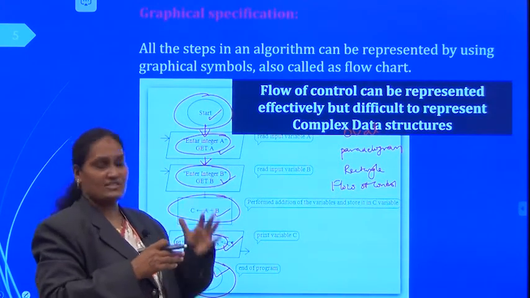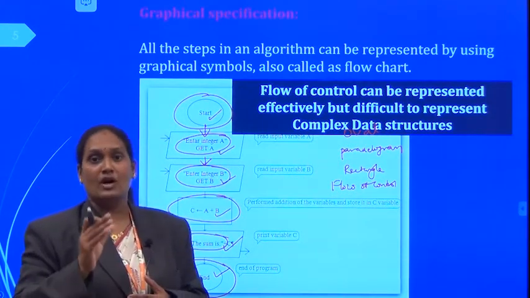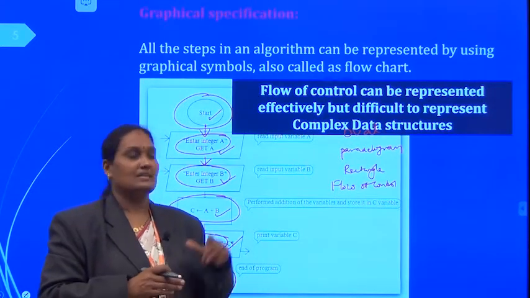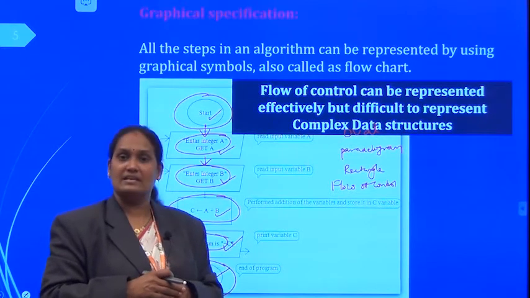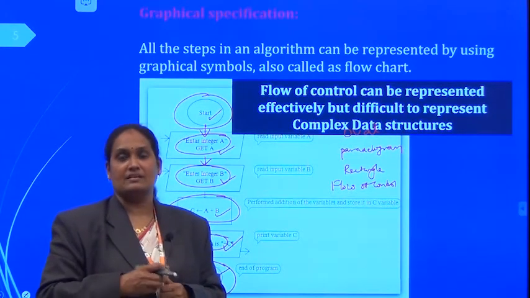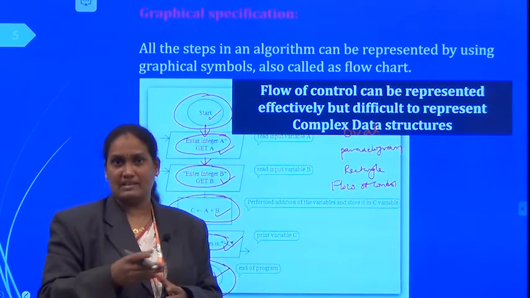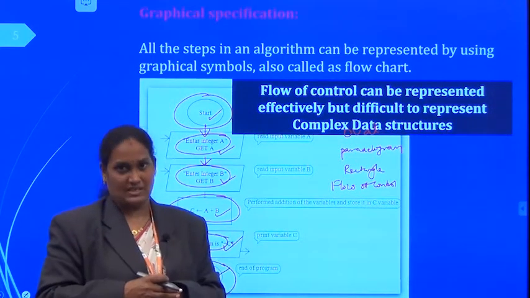The main advantage of this method is flow of control can be represented effectively. But the drawback that is present in this is we cannot represent complex data structures, trees, graphs, etc. properly in case of this specification.